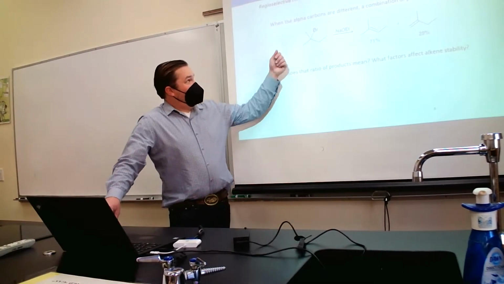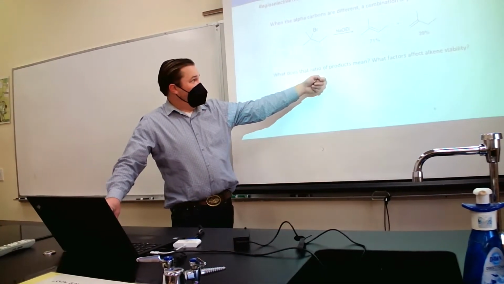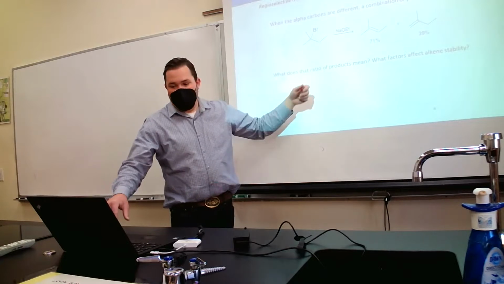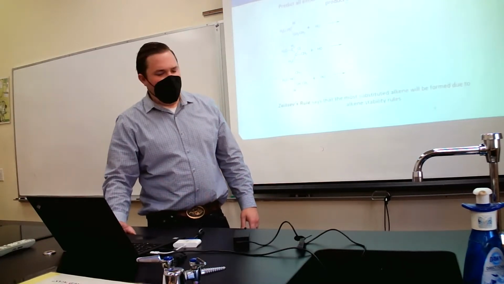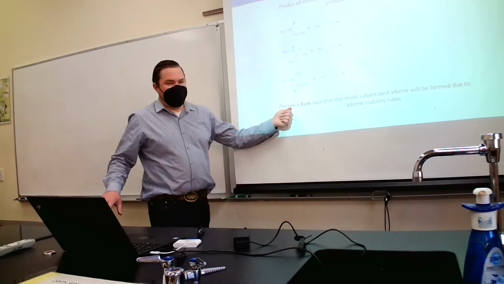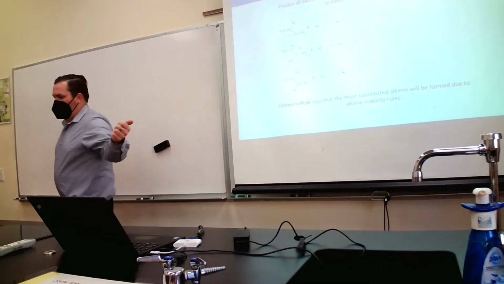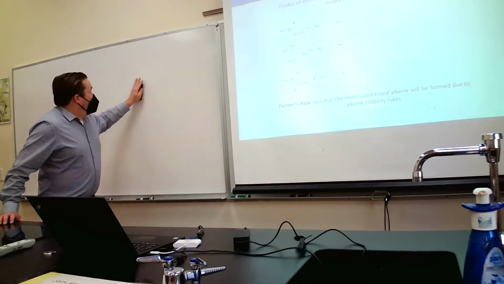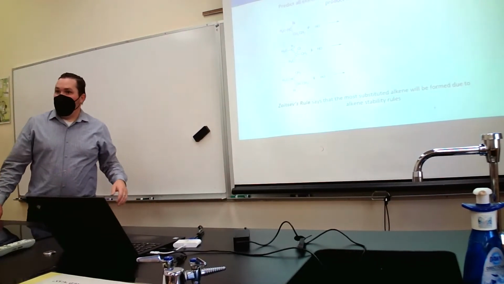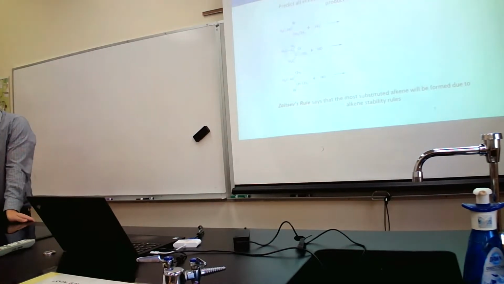When the alpha carbons are different, you get the combination of products, and we're predominantly looking at how many substitutions there are. We're following Zaitsev's rule. And Zaitsev is interesting. We'll learn about Markovnikov's rule when we talk about addition reactions, which are basically the exact opposite of an elimination reaction.